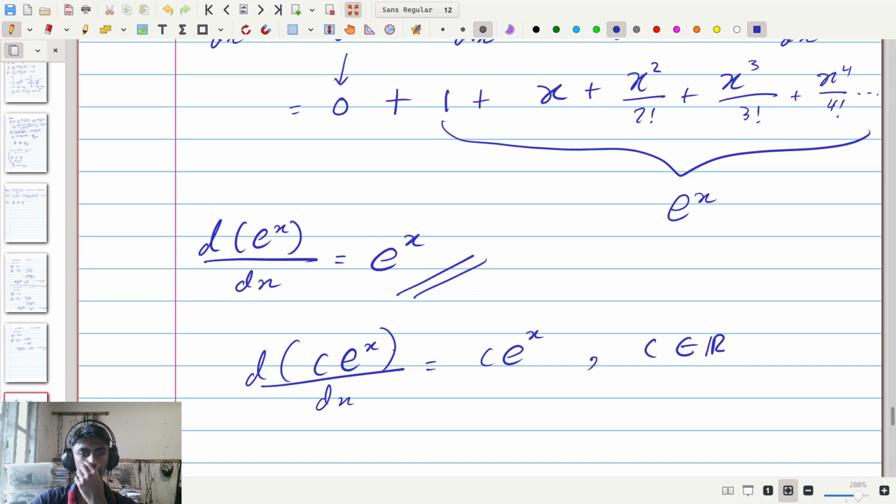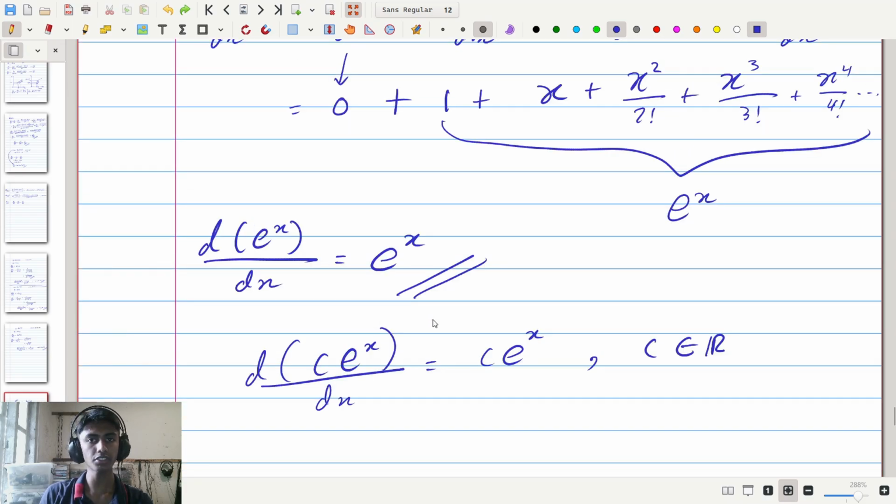The reason for this is that when we have a constant times a function, its derivative is that constant times the derivative of the function. The derivative of e to the power of x is e to the power of x. Multiplying by the constant, we get c times e to the power of x. So therefore, for any constant c, c times e to the power of x's derivative is itself, c times e to the power of x.